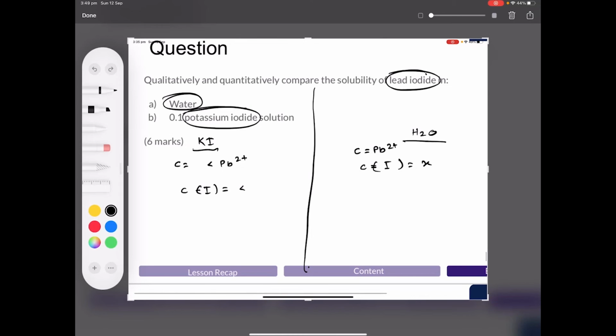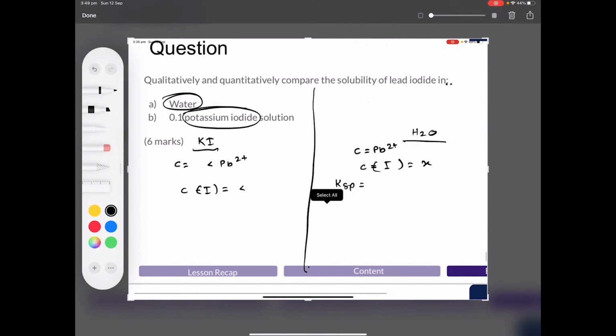That's what the common ion effect is. The addition of a common ion to an insoluble salt like lead iodide will decrease its solubility and even make the other ion's concentration decline. Good. So let's jump straight into it. So water, I know you can all do that. So with water, we get the KSP. And what is the KSP for lead iodide?